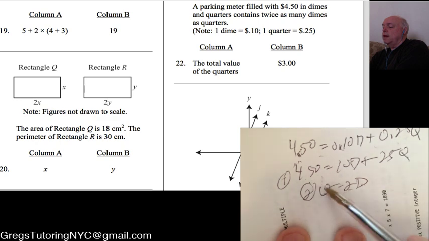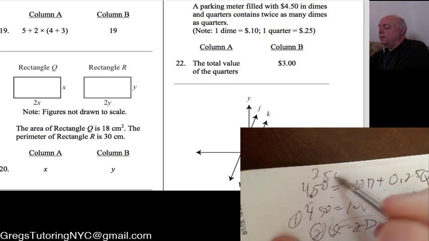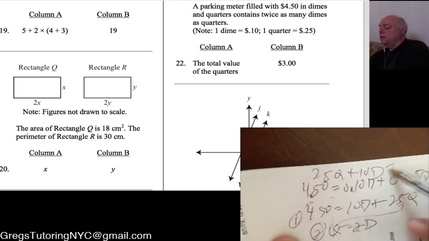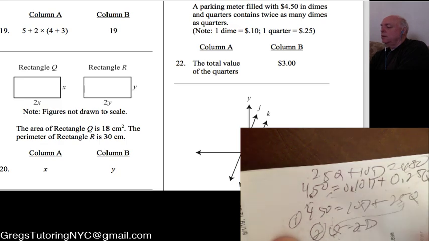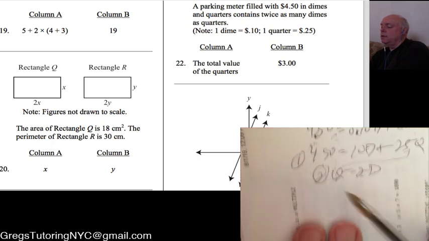So in this case, it actually gives us a way to substitute. So what we're going to do is stick it in here. And by the way, up here we could have written 25Q plus 10D equals 450. It doesn't matter which way we do that as long as the equal is being presented properly. Okay? So anyway, Q equals 2D.